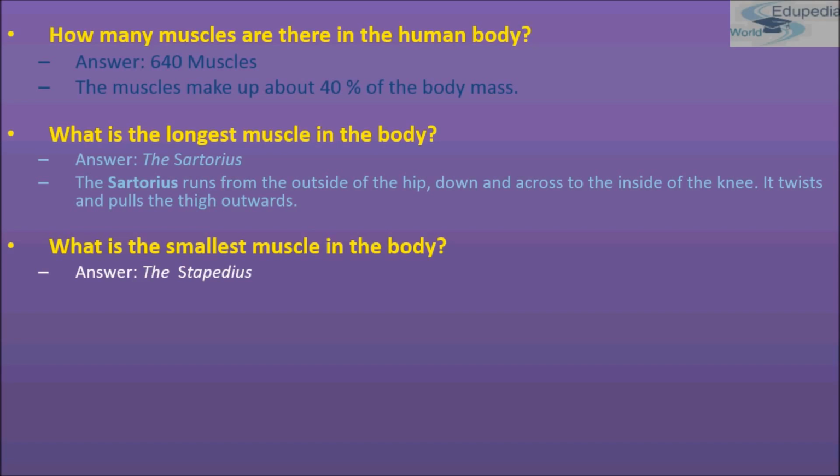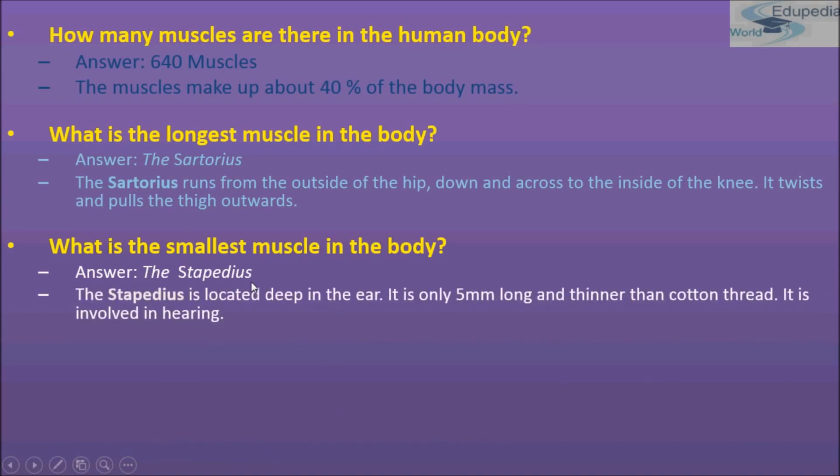So the smallest muscle will be stapedius. Okay, the muscle which is associated with the stapes bone is stapedius. Stapedius is located deep in the ear. It is only 5 millimeter long and thinner than a cotton thread. Just imagine that it is that thinner, and it is involved in hearing.